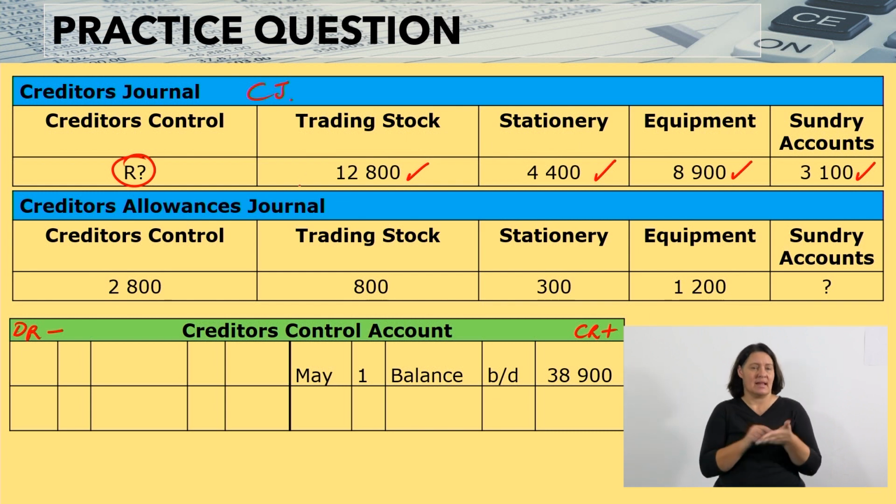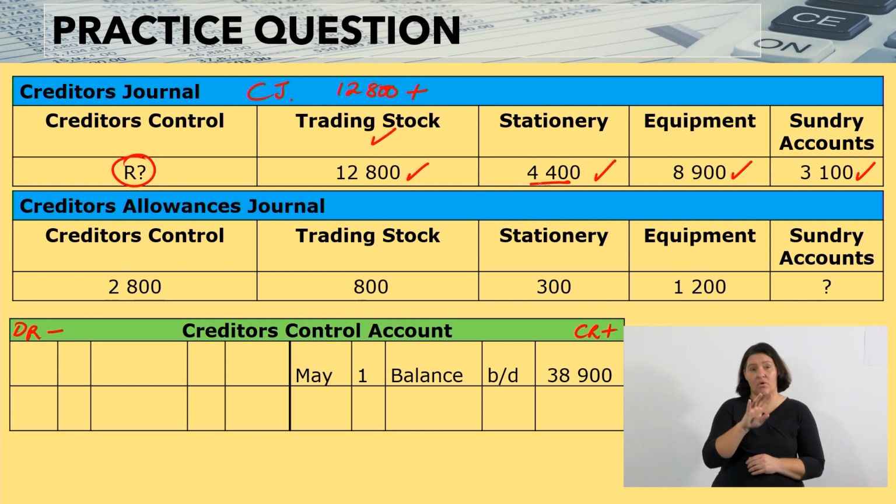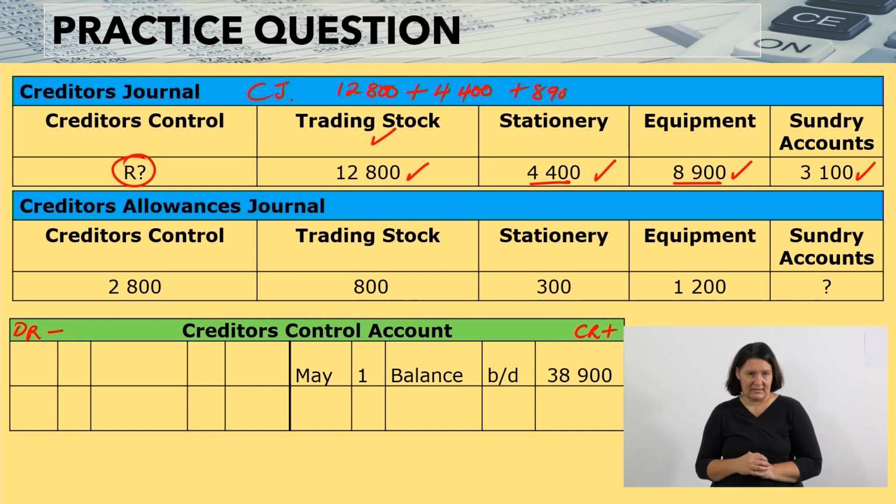I want you to have your calculator and punch the following figures. We'll add the trading stock amount, which is 12,800, plus the stationery amount, which is 4,400, plus the equipment amount, which is 8,900, plus the sundry accounts amount of 3,100.